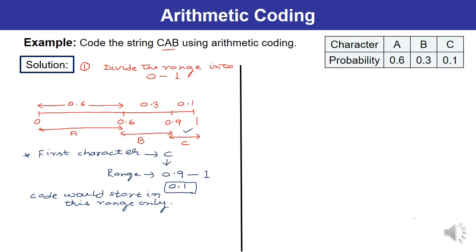And now this 0.1 is to be divided among the symbols. And how is this division being done? This is being done according to the probability.